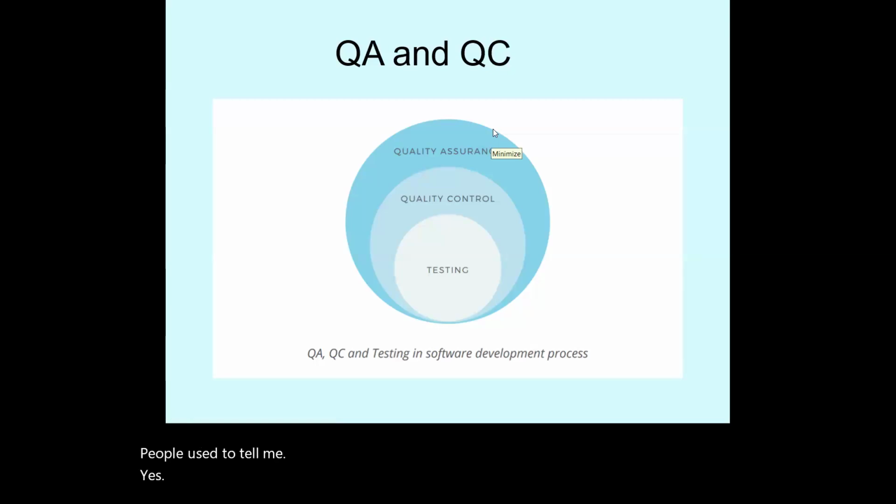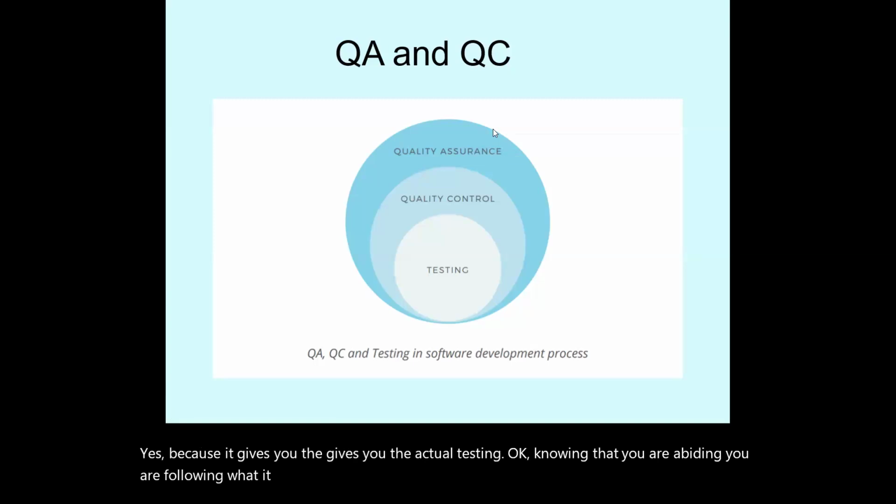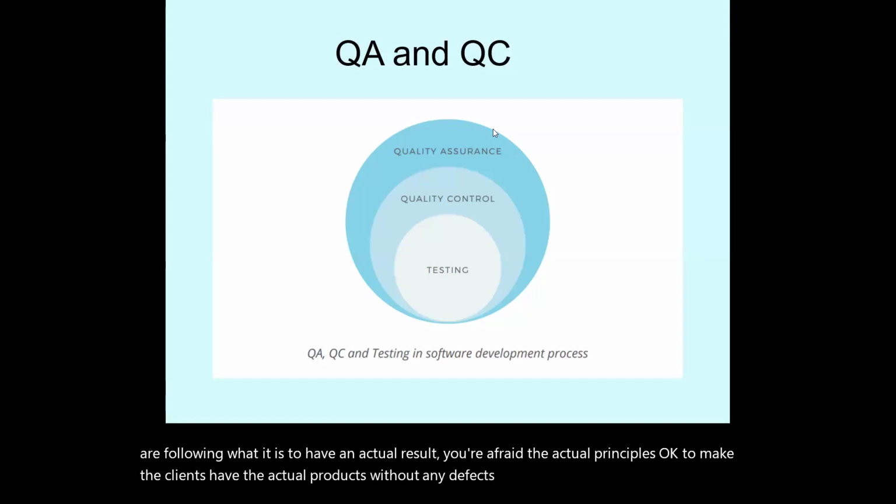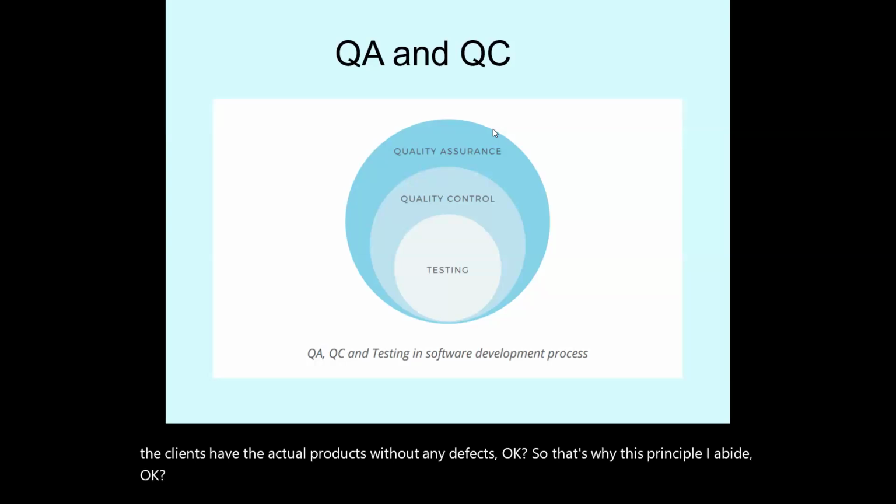Yes, because it gives you the actual testing. You are following the actual principles to make the clients have the actual products without any defects. So that's why I abide by the principles.